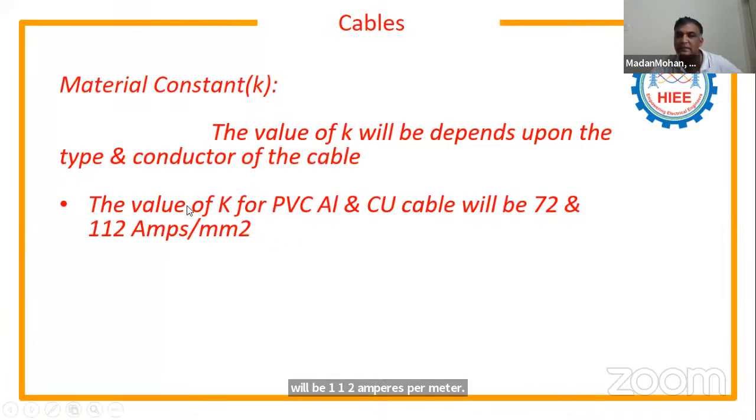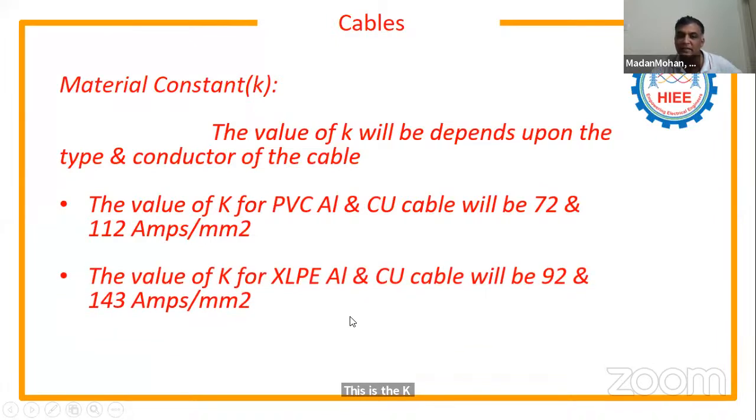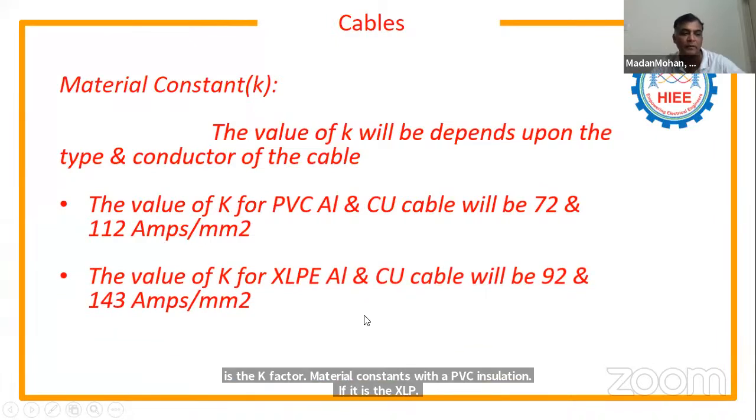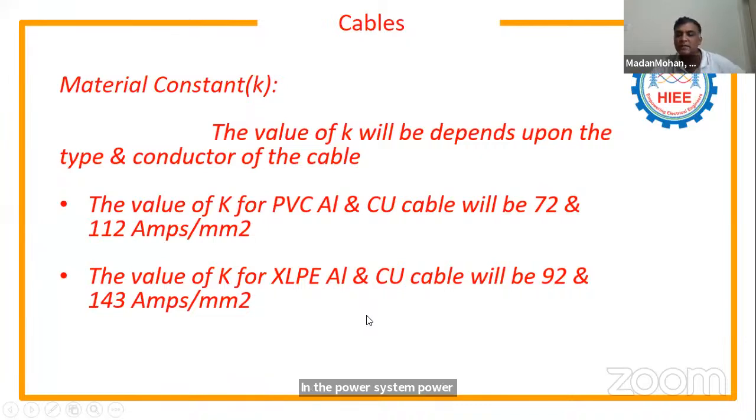This is the K factor, the material constants with PVC insulation. If it is XLPE insulation, because in power systems the majority of power cables are given with XLPE, for aluminum your K factor will be 92, and for copper your K factor will be 143 amps per mm square.